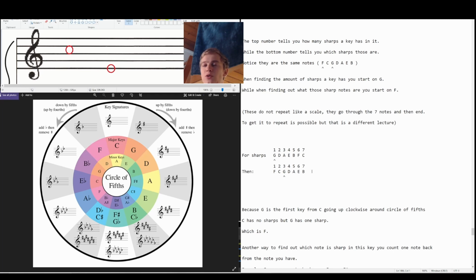And now we want to know if we have a major or a minor sixth. So again, we're going to look at the bottom note and figure out which key we're in.